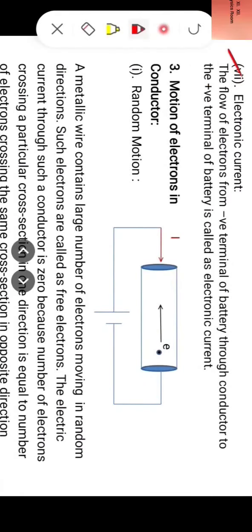Seventh, electronic current. The flow of electrons from the negative terminal of the battery through the conductor to the positive terminal of the battery is called electronic current.